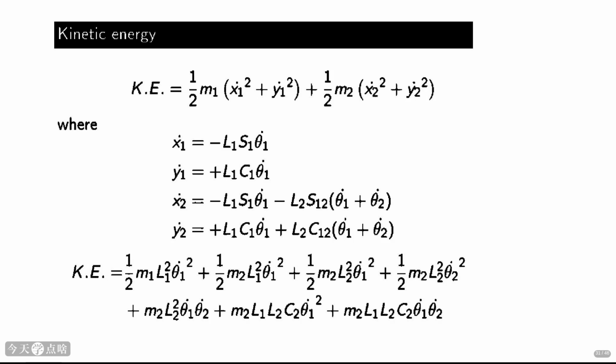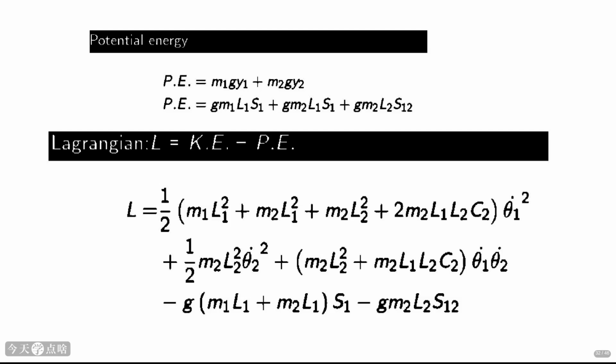This involves using the chain rule and remembering that θ̇1 and θ̇2 are the joint velocities. Substituting these velocity expressions into the Ke formula gives us the final expression for kinetic energy. Notice how it depends on the squares of the joint velocities θ̇1 and θ̇2, and their product θ̇1 times θ̇2.